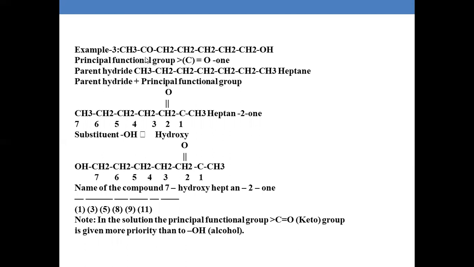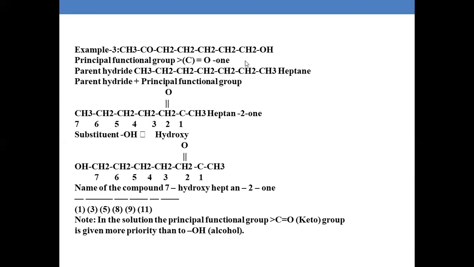So here, 1, 2, 3, 4, 5, 6, 7, the parental chain is 7 carbons. At the 7th carbon, OH is there. At the 2nd carbon, carbonyl is there. I'm repeating one more time: at the 7th carbon, hydroxy; at the 2nd carbon, carbonyl group. Ketone is there. So when ketone is there, the suffix must be on. Being a 7 carbon chain, heptanone it will become. And at the 7th position, OH.